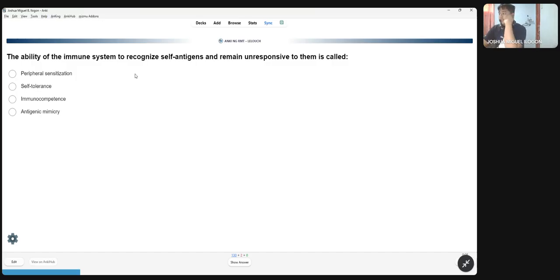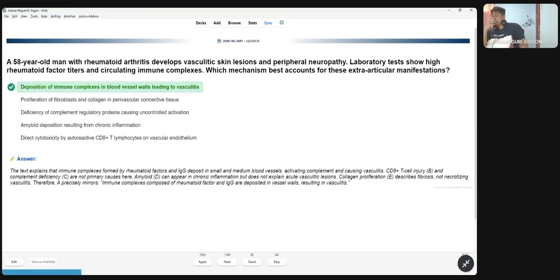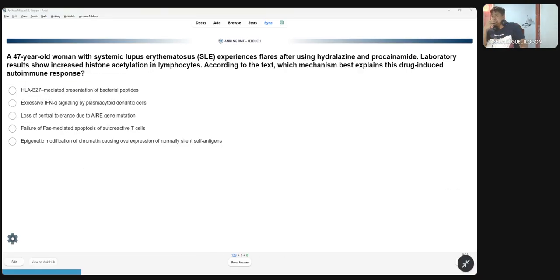The ability of the immune system to recognize self-antigens and remain unresponsive is self-tolerance. 58-year-old man with rheumatoid arthritis develops vasculitic skin lesions and peripheral neuropathy. High rheumatoid factor, circulating immune complexes. This is your deposition. Excuse me.